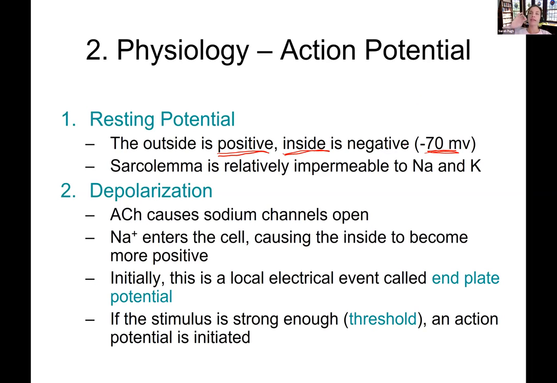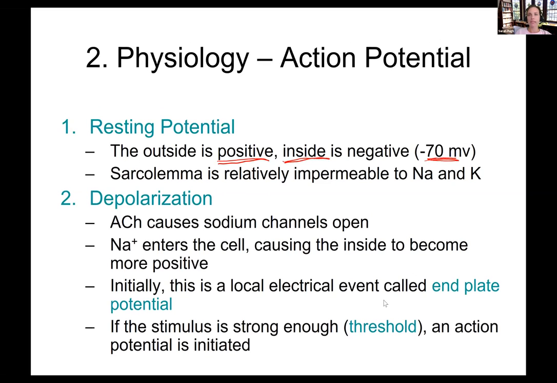So we're actually looking at what is the potential inside. And so I'm going to draw this on the whiteboard. And I'm going to clear this drawing. So if you're drawing out with me, you're going to want a new drawing for this. I'm not going to draw out a neuromuscular junction in this case. I'm just drawing out a muscle cell so we can see what's happening along that muscle cell.